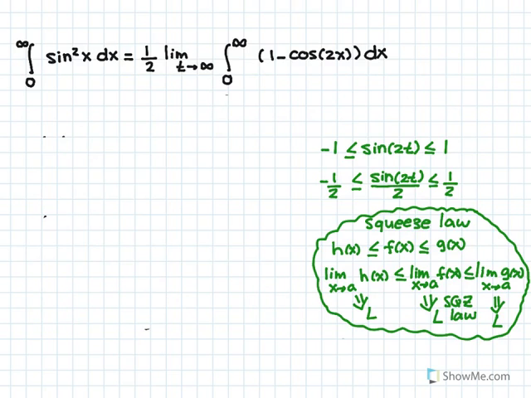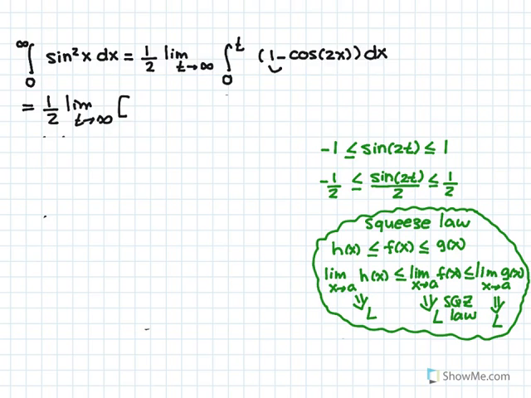All right, so what we have is the integral from 0 to infinity of sine squared x dx is equal to 1/2 times the limit as t goes to infinity of the integral from 0 to t, let's fix that, the upper limit is t, of 1 minus cosine 2x dx. So let's carry out the integration. We have 1/2 times the limit as t goes to infinity. And what is the antiderivative of 1?